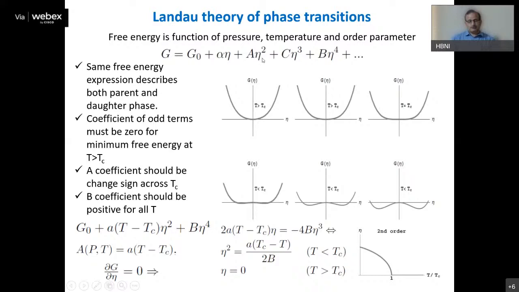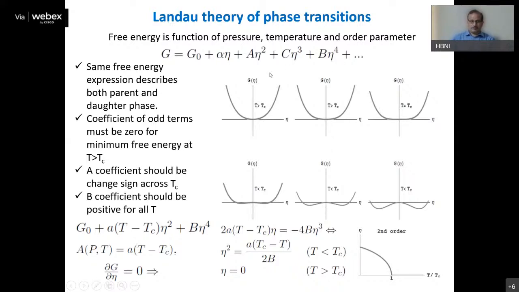As you know, this term depends on the square of the order parameter, and this term depends on the fourth power of the order parameter. So this function will vary more steeply at higher order parameter values, whereas initially for small values of order parameter, this function will vary more rapidly as compared to this one.